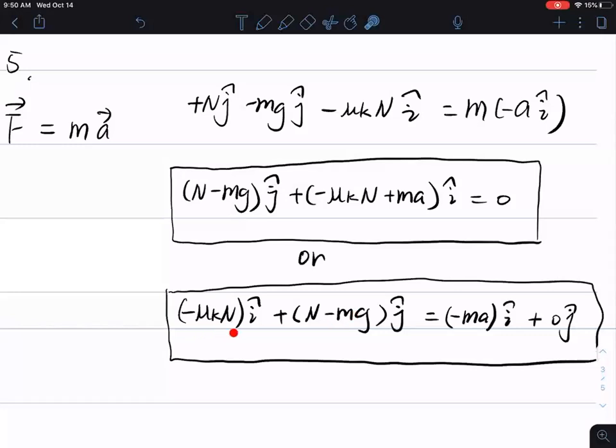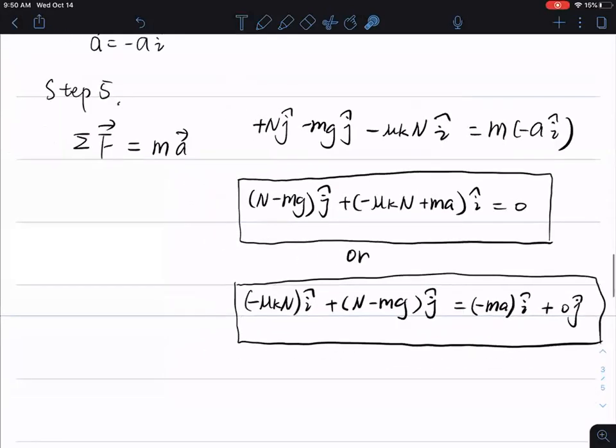In the second equation, I didn't do that. I just organized everything on the left-hand side to get i and j, and left the right-hand side as just negative ma i plus 0 j. Either way works, and you should be able to break either one of those equations into two scalar equations. Okay, next class, we're going to continue this 6-step approach, but that's all for today.